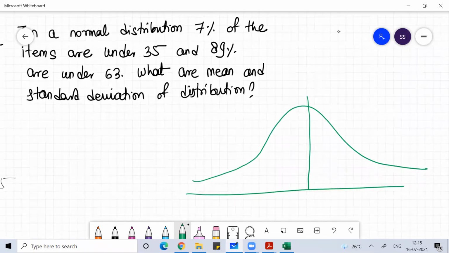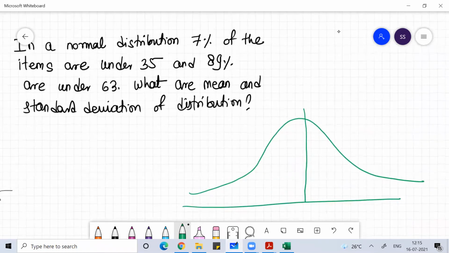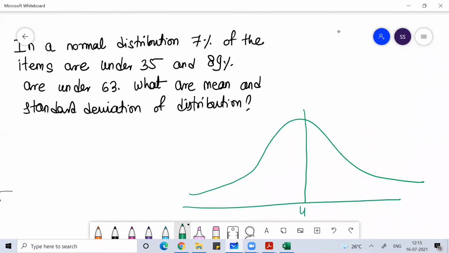Let your mean be mu and your standard deviation be sigma. In this normal distribution curve, 7% of the items are under 35, and 89% of your items are under 63.